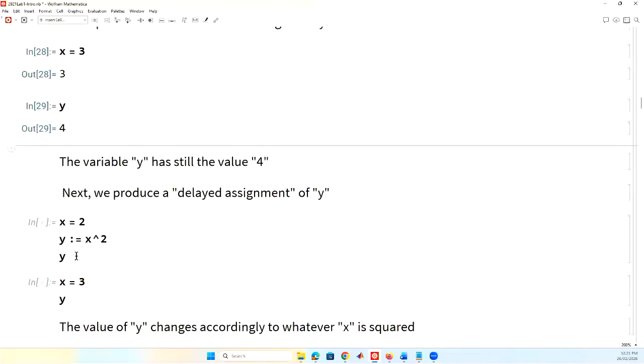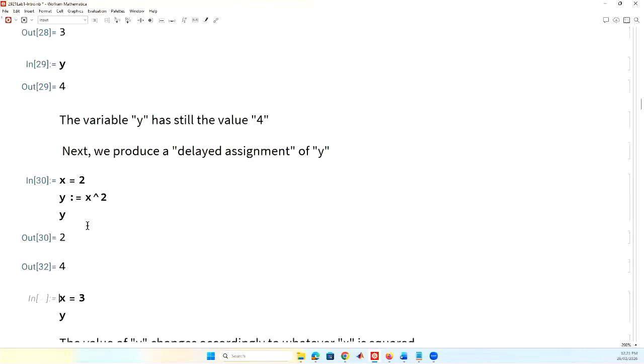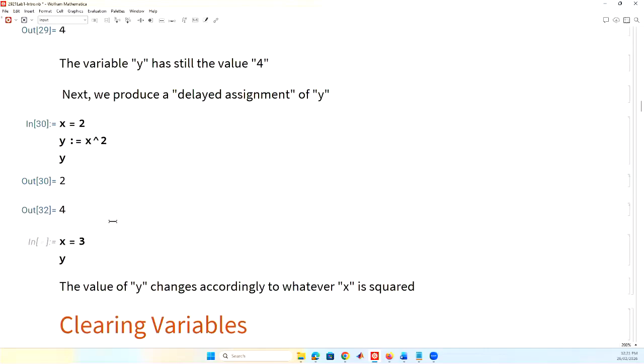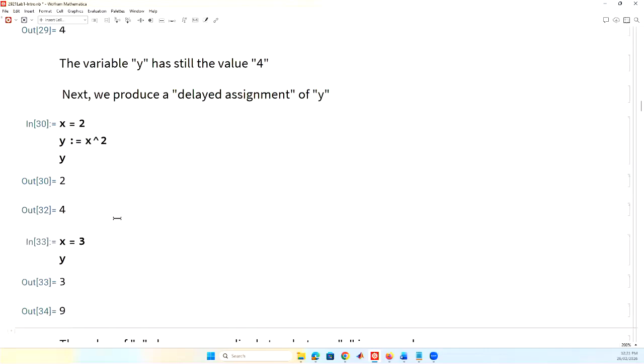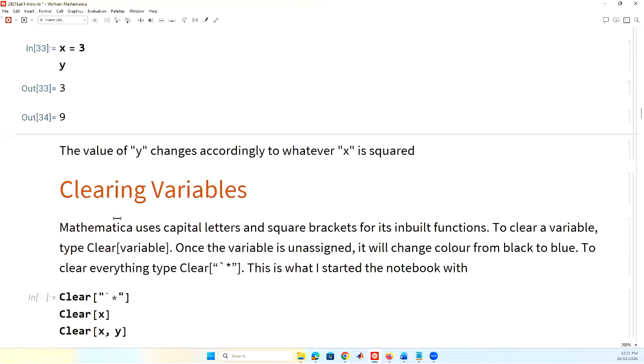If we wanted to define something that is more akin to a function, then we can use this. So I can say x is 2, and y is defined as x squared. Now this delayed assignment means that it won't actually evaluate that until the point that you use y, not the point where you define y. And that means that if I say x is equal to 3 and evaluate y, it will now accept that y is 9.